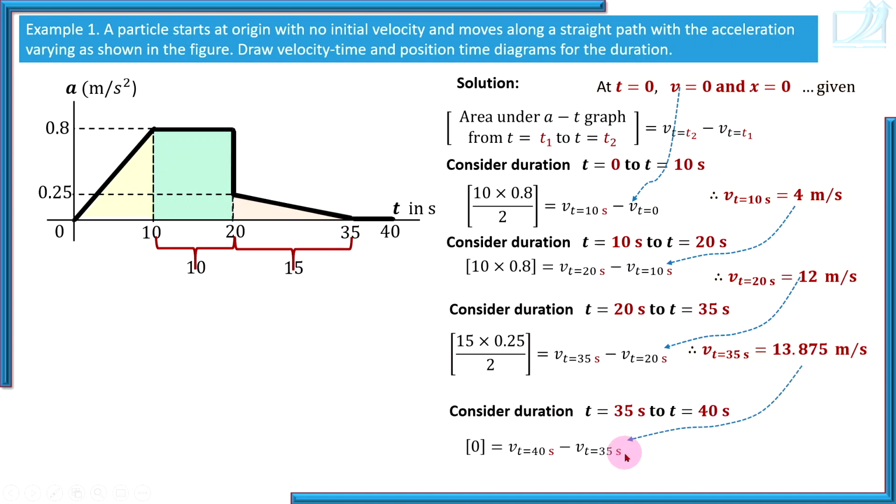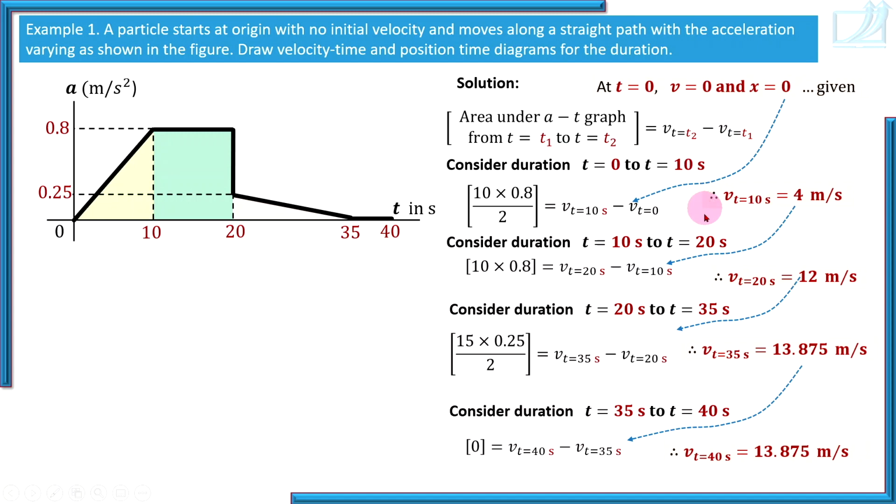So put that value at t equal to 35 seconds and you will get velocity at t equal to 40 seconds also 13.875 meters per second. Of course, acceleration is 0, so no change in velocity in this time interval. So check, velocity at t equal to 35 is 13.875 meters per second, and velocity at t equal to 40 seconds is also 13.875 meters per second. Now we have found out velocities at all these important instants.